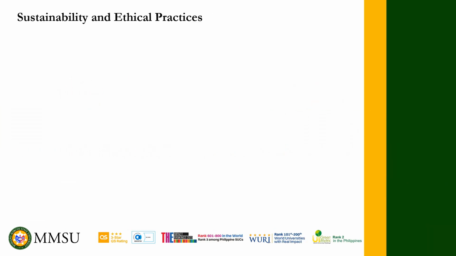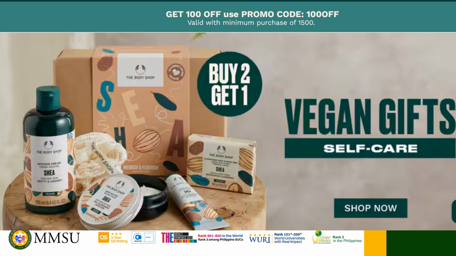And the last is sustainability and ethical practices. Here, differentiating by focusing on eco-friendly or socially responsible practices is increasingly important to many consumers. Let's take The Body Shop as an example.